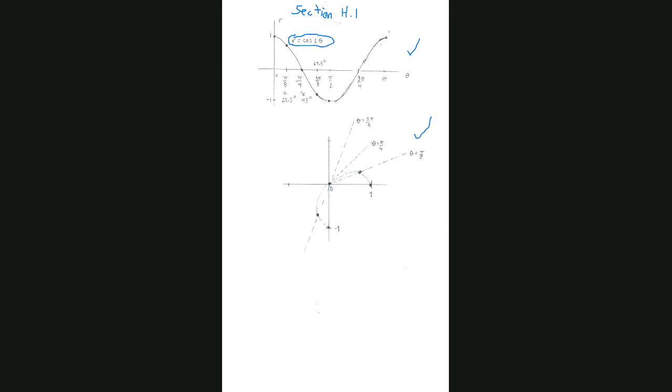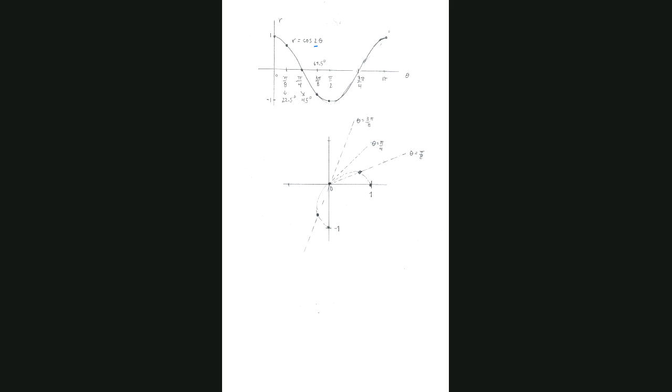The normal period of the cosine of an angle is 2 pi, so since you have a 2 in front of the theta, to get the period you take 2 pi and divide by 2. That tells me how much of my trig function to graph. So r equals cosine of 2 theta does one cycle from 0 to pi.